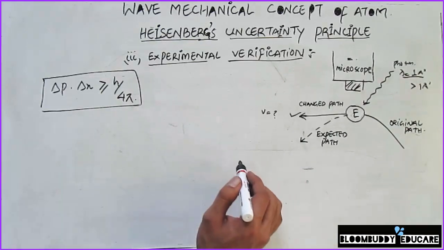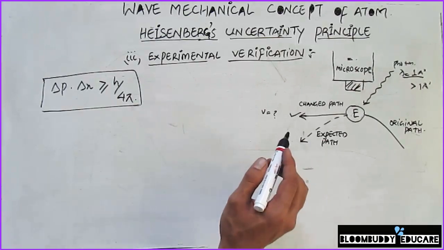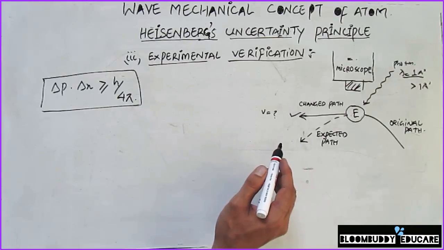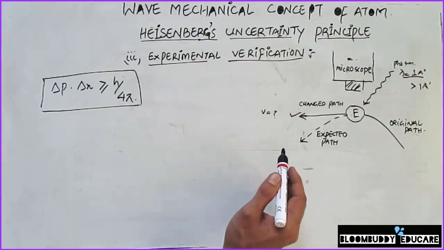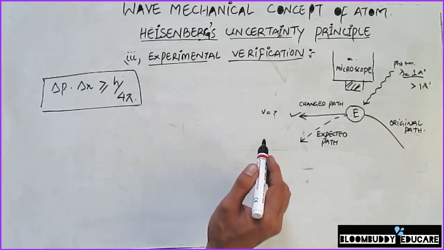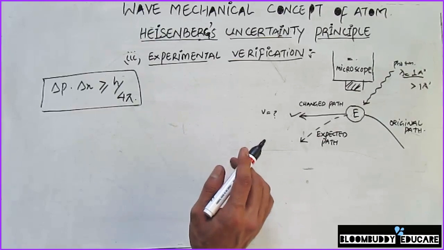Thus the determination of the exact velocity of the electron is possible, but the position or location of the electron cannot be determined accurately. In other words, the exact determination of the position and velocity, which we also call momentum, of the electron cannot be made simultaneously.